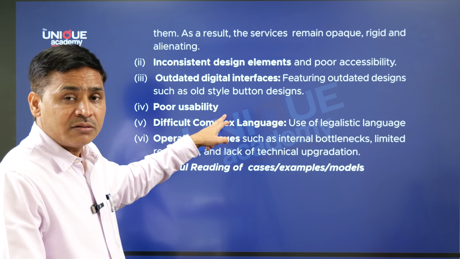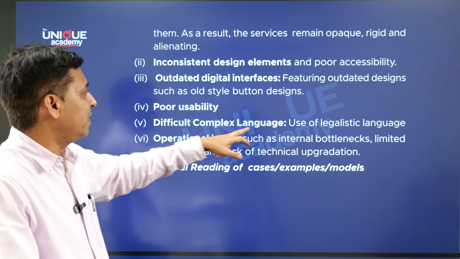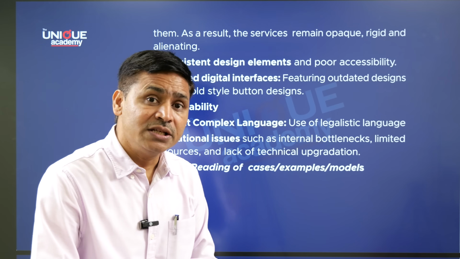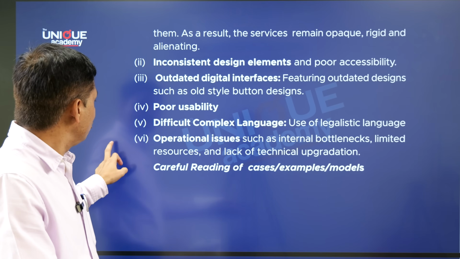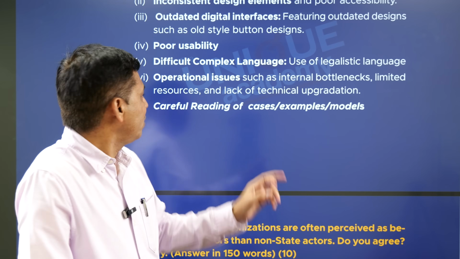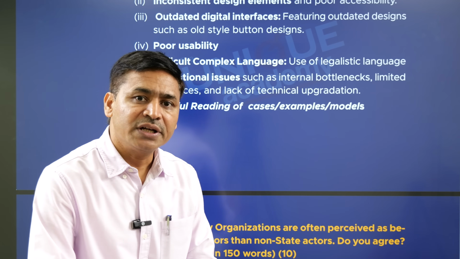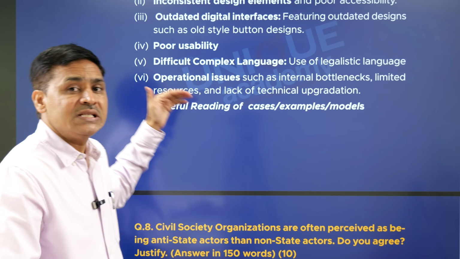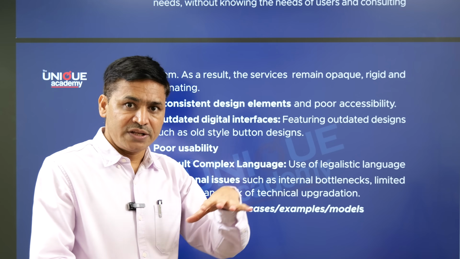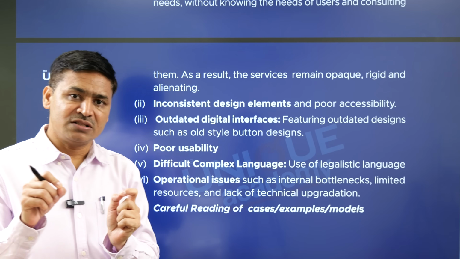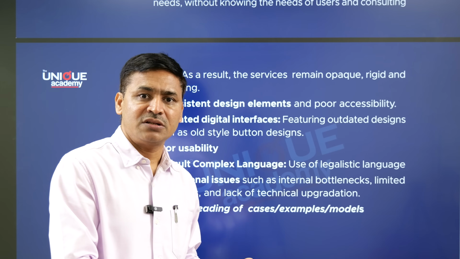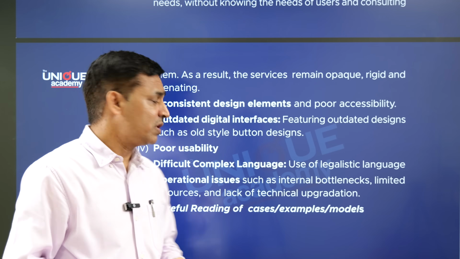Now, poor usability because of certain aspects: difficult, complex language and the use of very legalistic language also discourage users from accessing those services. Then there are operational issues such as internal bottlenecks, limited resources, and lack of technical upgradation. So these are the 6 important issues or problems when the design of e-governance focuses on the needs and requirements of the government and administration and does not pay due attention to the users.